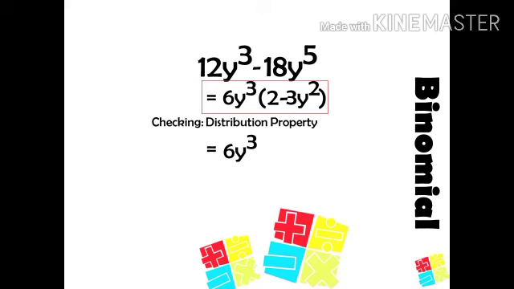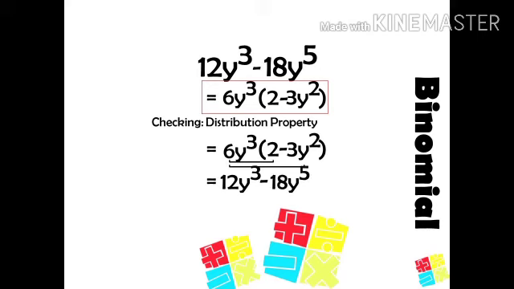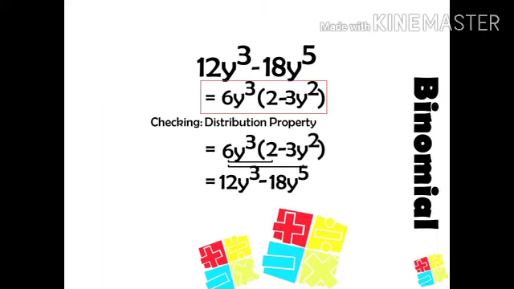Distribute 6y cubed to 2 minus 3y squared. It will become 12y cubed minus 18y raised to 5. And that is factoring binomials.